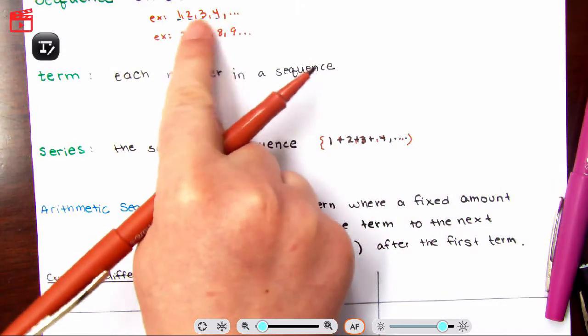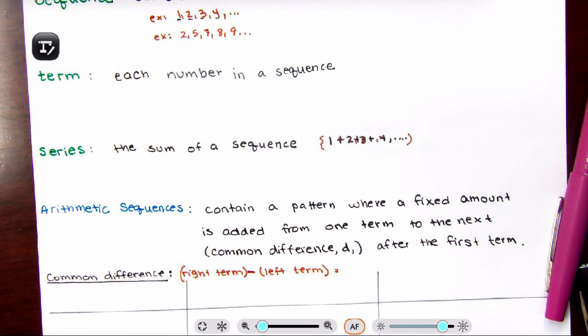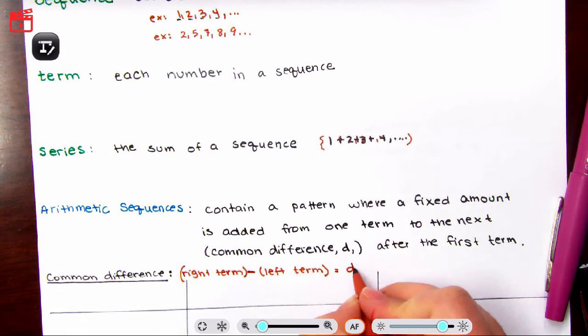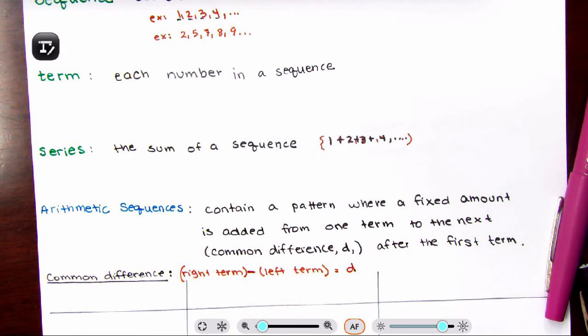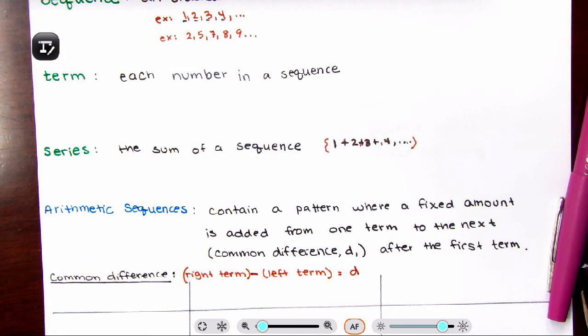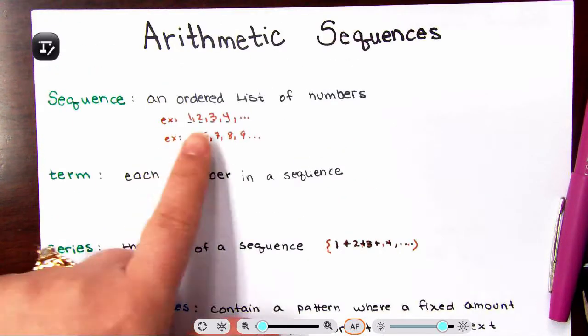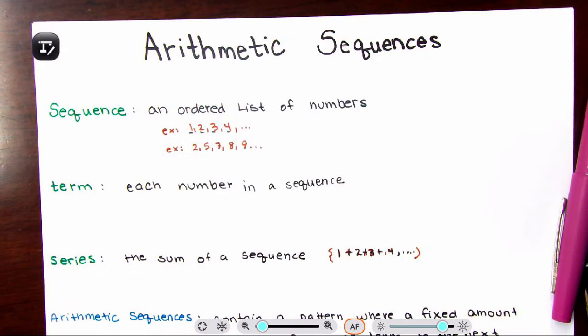I'm looking at this particular one. If all of those differences are common, then you have a common difference. Now, if the differences are different between the right and the left term, then your sequence is not arithmetic and you may not proceed with the rest of what we're going to be doing today. So let's go back here with our two examples.